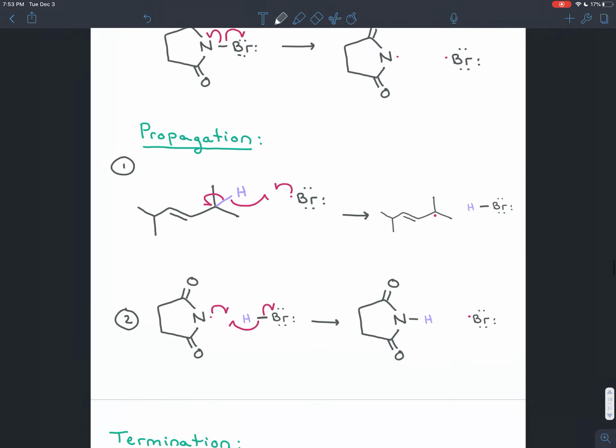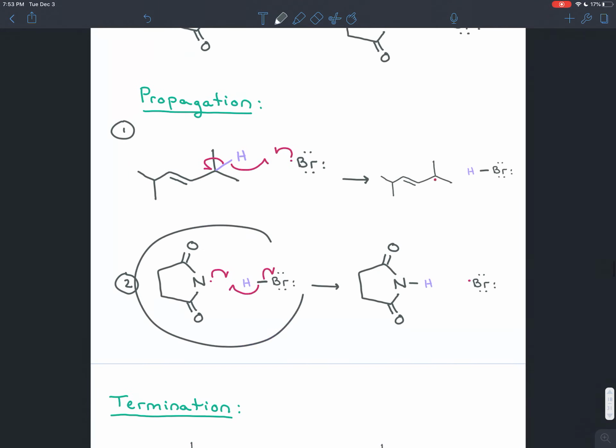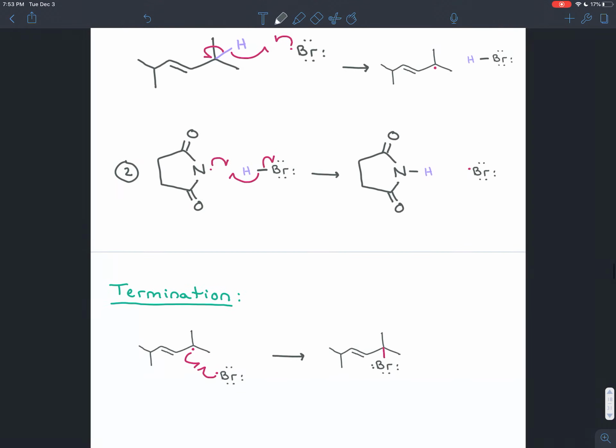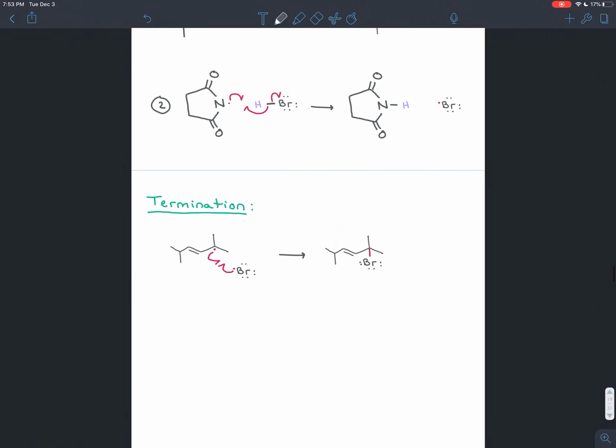We also form HBr. In the second step, the succinimide radical rips the hydrogen off of the HBr and gives us our bromine radical back. And finally, in the termination step, the carbon radical and the bromine radical pair up and leave us with an alkyl bromide.